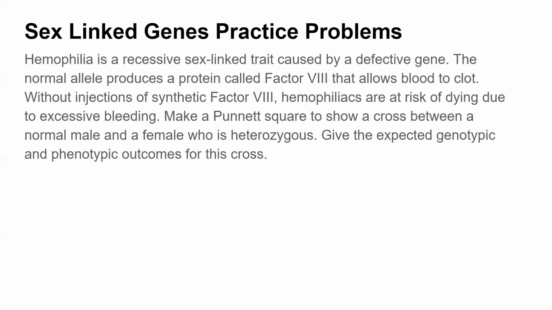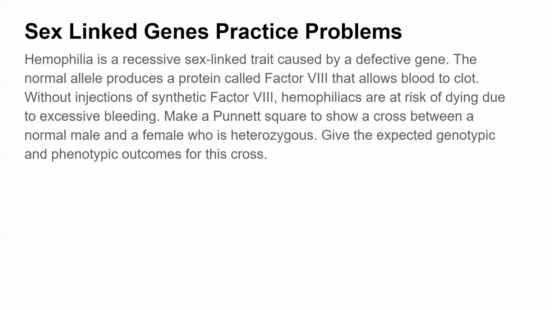Okay, so our answers, are we doing ratio or percent? Outcomes. Okay, so I'm going to do 25% X big H, X big H. 25% X big H, Y. 25% X big H, X little h. And 25% X little h, Y.